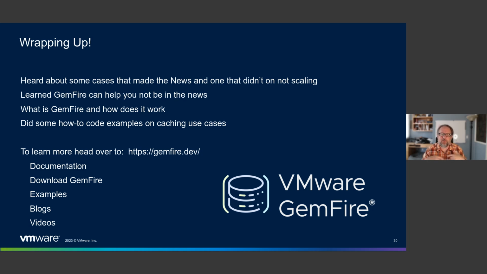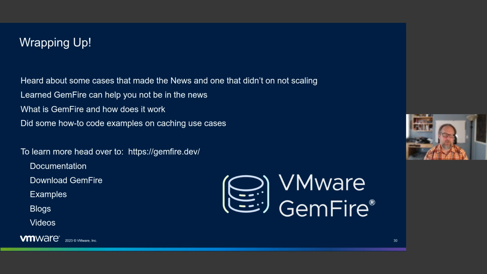But let's talk about what we learned today. We heard about some use cases that made the news, and one that didn't make the news, but couldn't handle the scale. We learned about how GemFire can help you not be in the news. That'd be the worst case, if your company was in the news just because you had a little bit of data outage and you knew about GemFire, it could help you out with it.